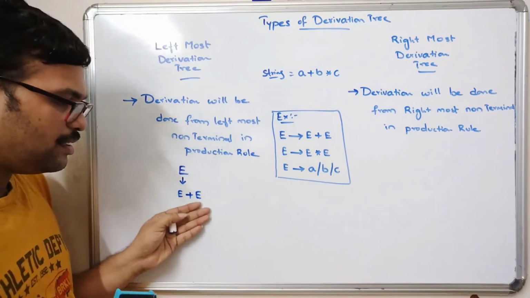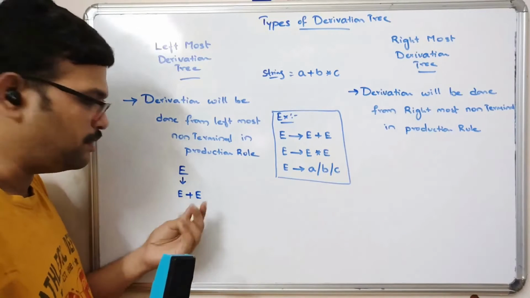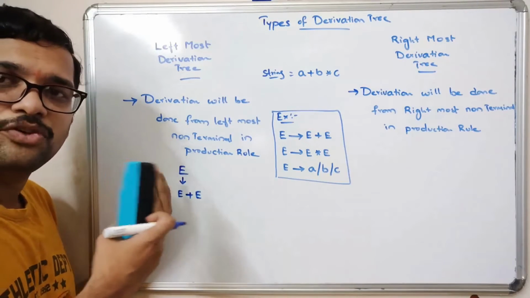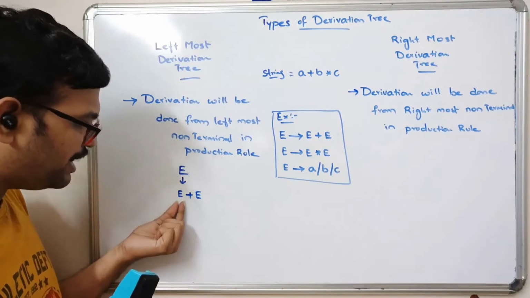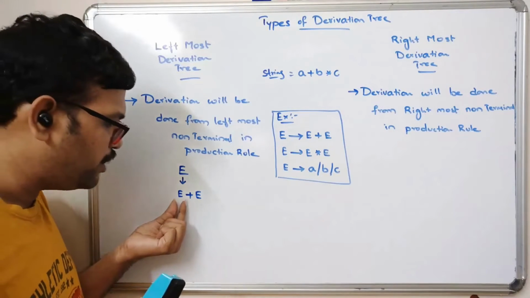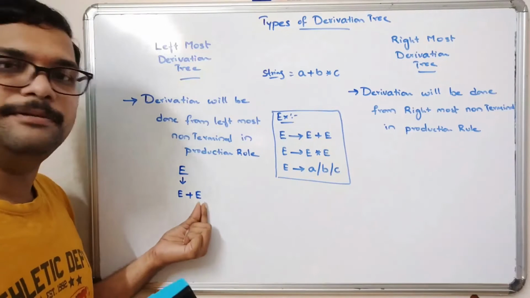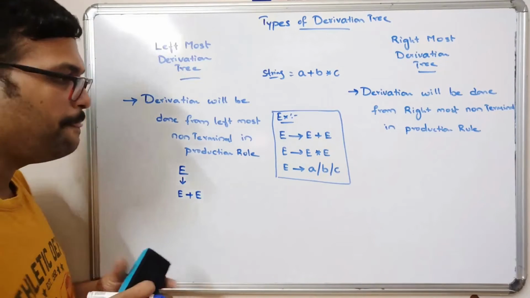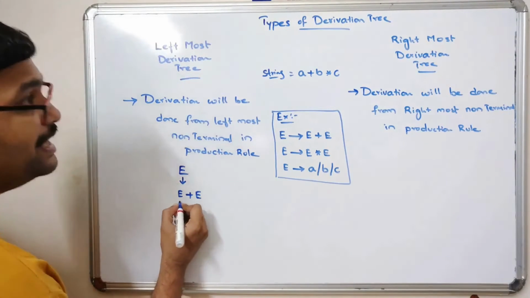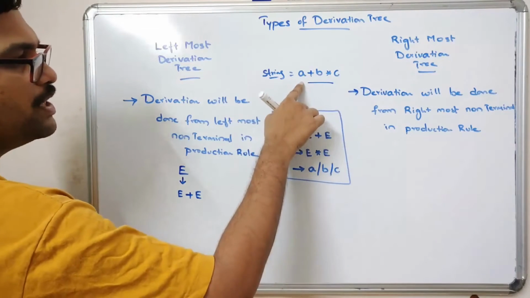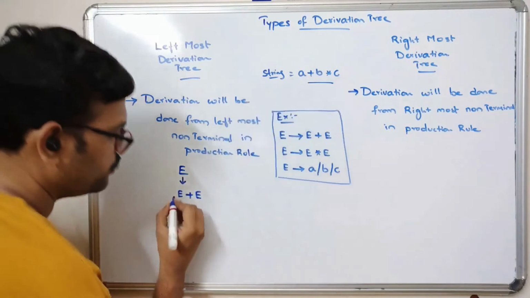In this expression, we first substitute the leftmost. What is the leftmost? Here E is the leftmost. So first we need to substitute the production for this E, because this is the leftmost. Now for the leftmost E, according to the given string, the first one is A, in A plus B into C.